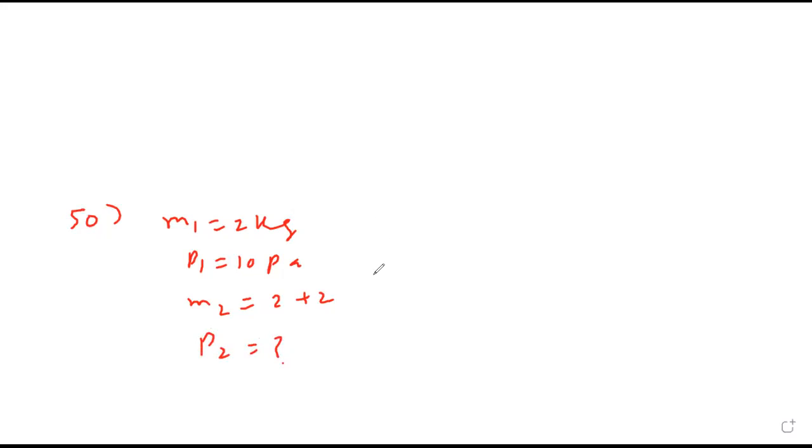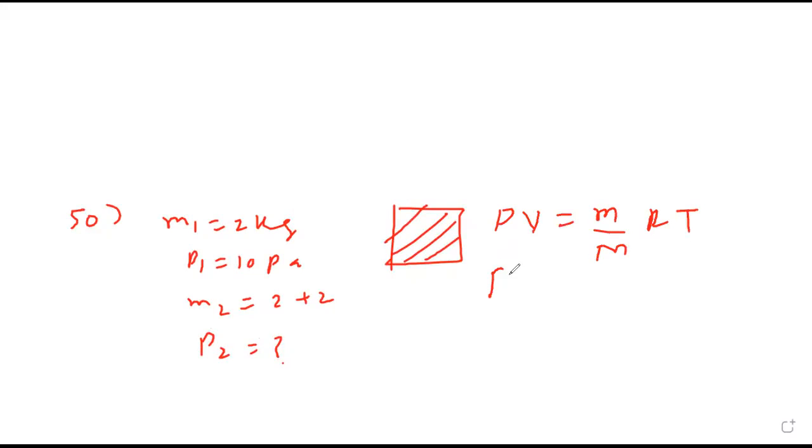See, a cylinder, inside it first 2 kg and later 4 kg. The cylinder is fixed, so the whole volume will remain constant. So PV is given weight upon molecular weight into RT. First pressure upon second pressure, volume same cancel, mass M1 upon M2, temperature same cancel, R constant. Same gas, molecular weight cancel.